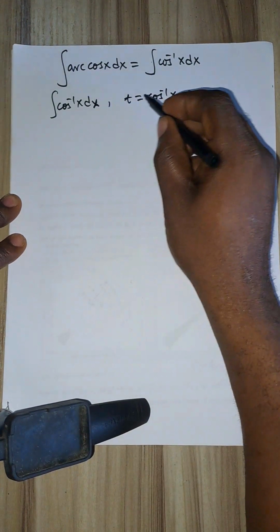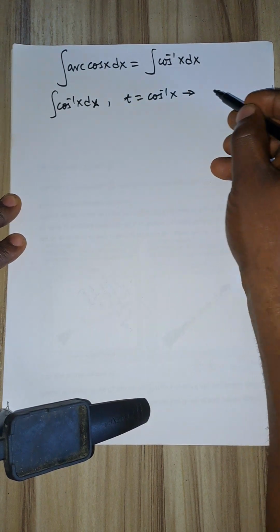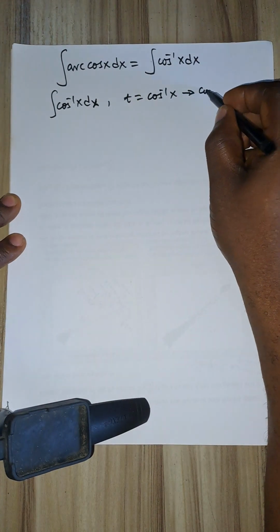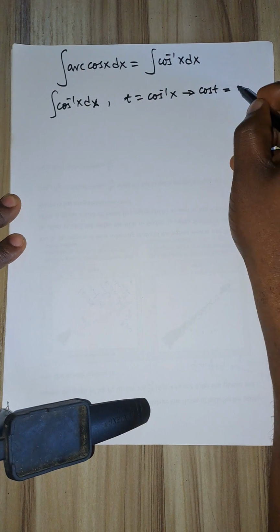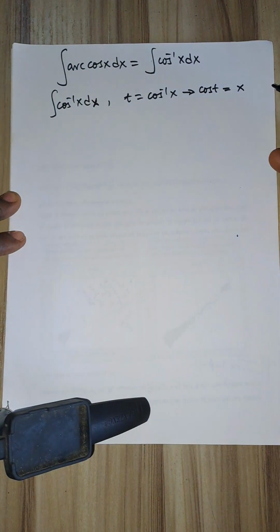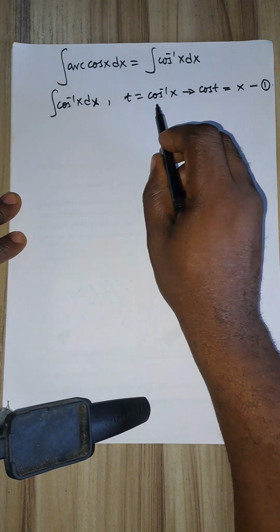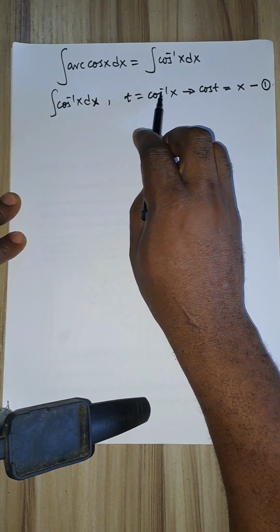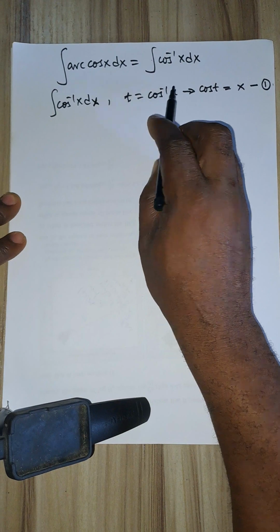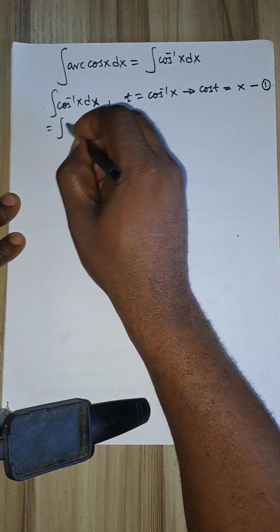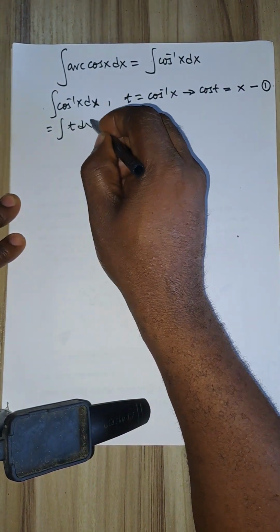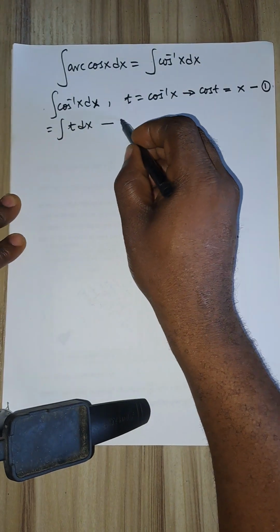Okay, so we take the cosine of both sides: cosine of t equals x. Call this equation 1. If you make the substitution t equals cosine inverse of x, the integral will be the integral of t dx. Call this equation 2.